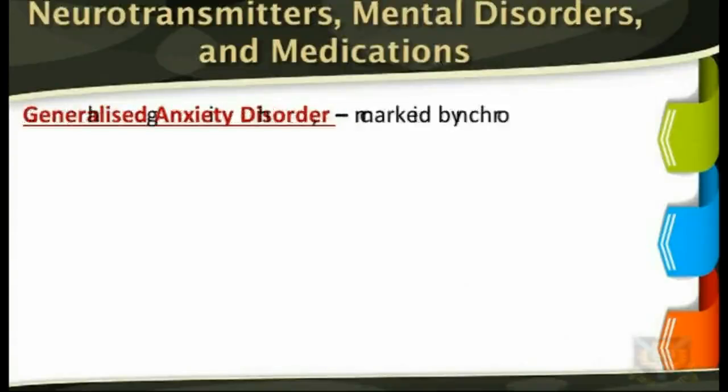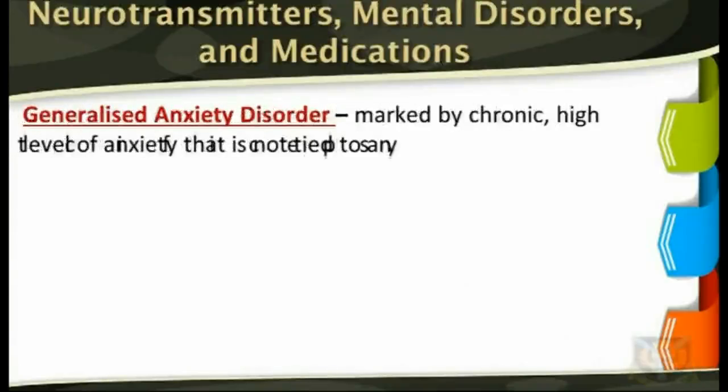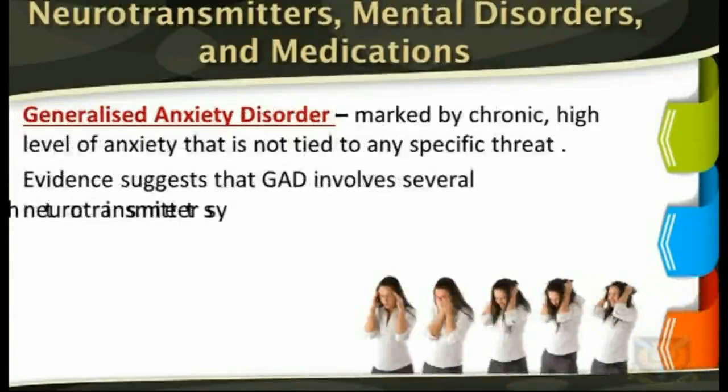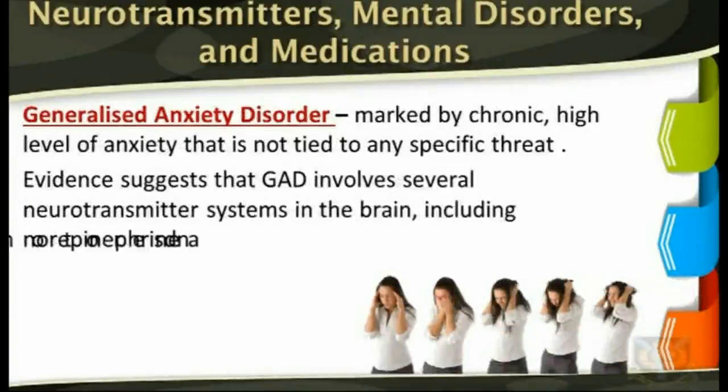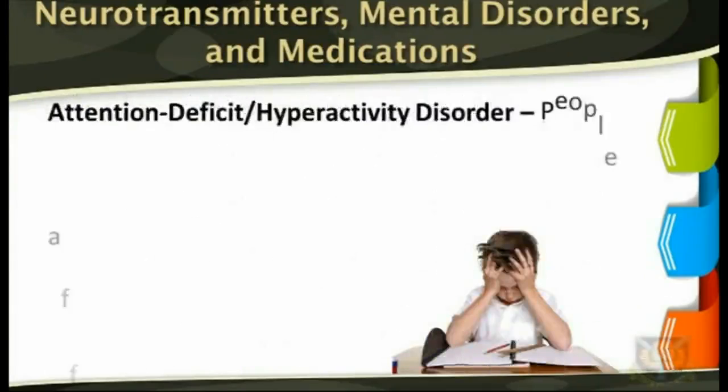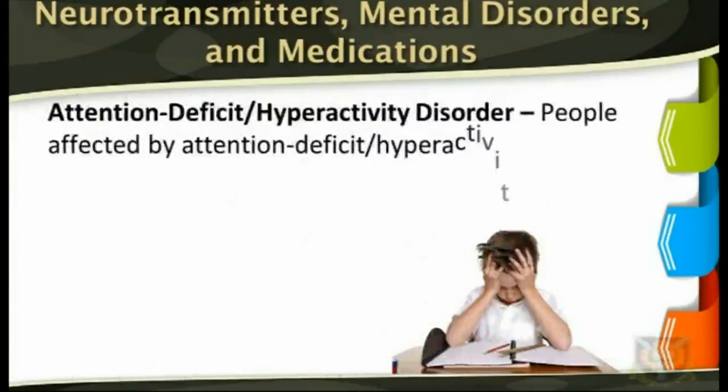Generalized anxiety disorder. People with generalized anxiety disorder (GAD) experience excessive worry that causes problems at work and in the maintenance of daily responsibilities. Evidence suggests that GAD involves several neurotransmitter systems in the brain, including norepinephrine and serotonin. Attention deficit hyperactivity disorder.